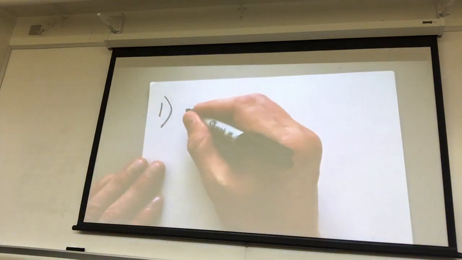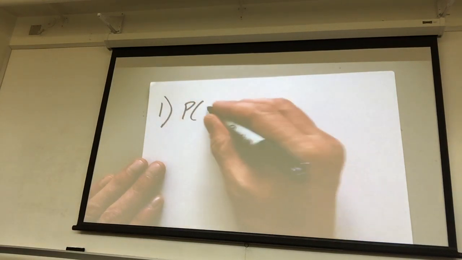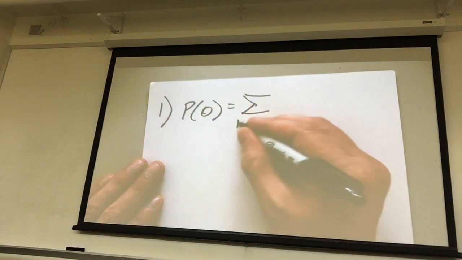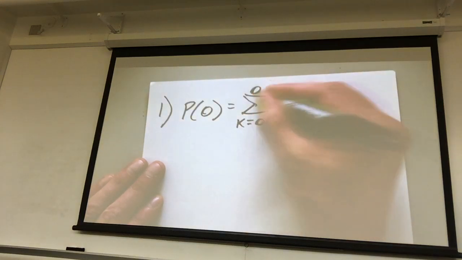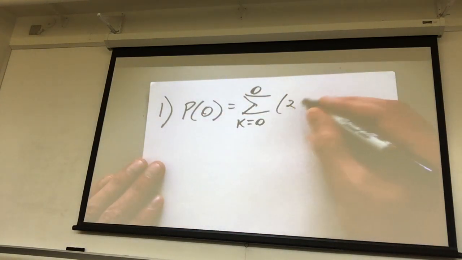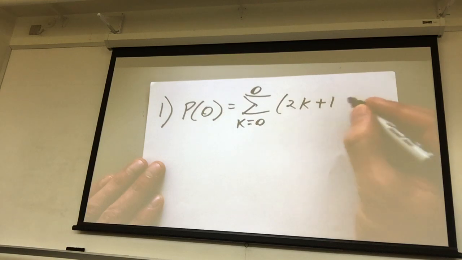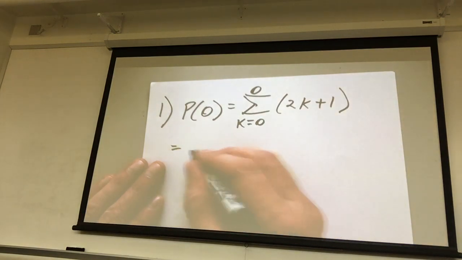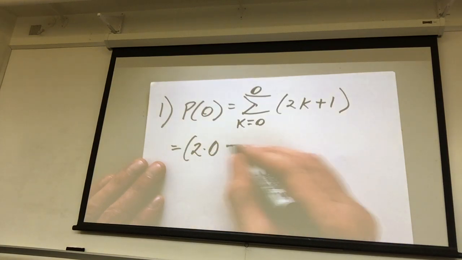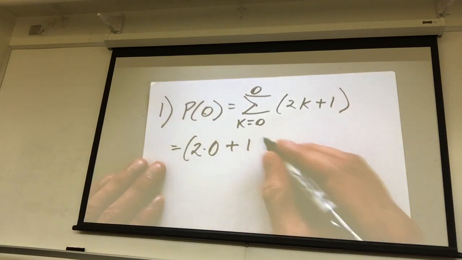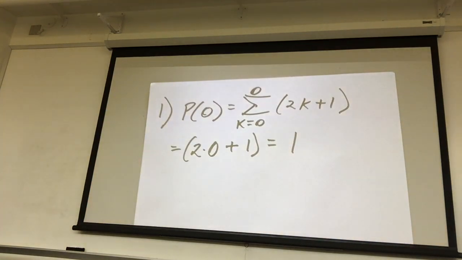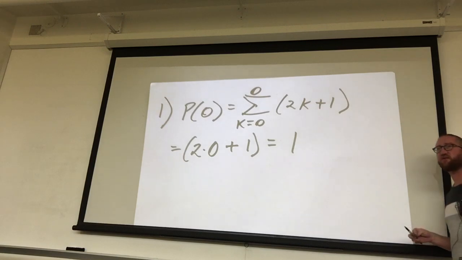So we'll start out with P of 0, which will equal the sum k equals 0 to 0 of, okay, just that first one right there, 2 times 0 plus 1.